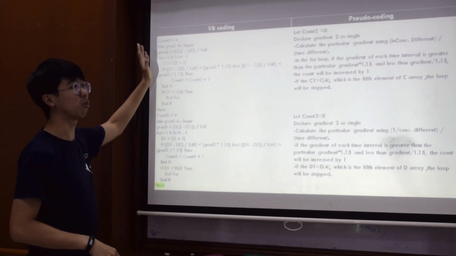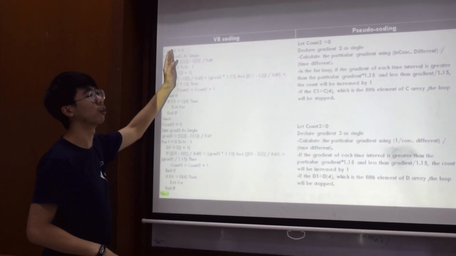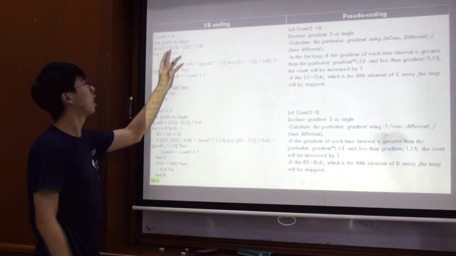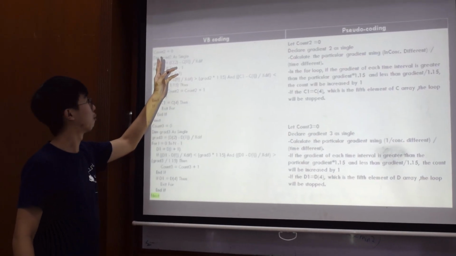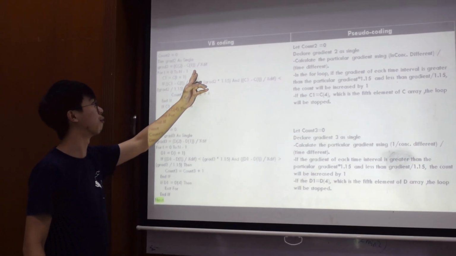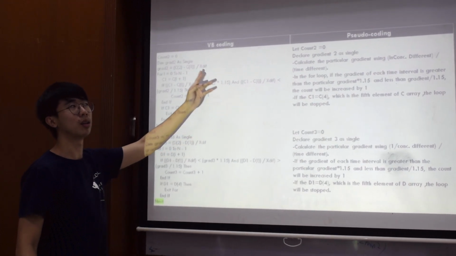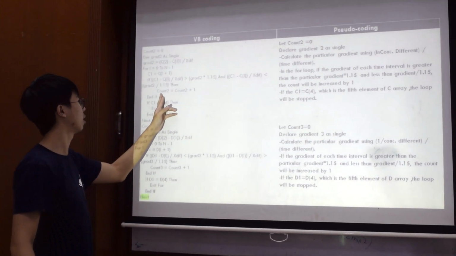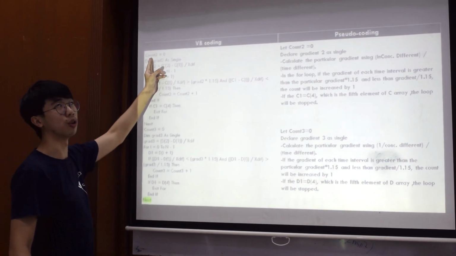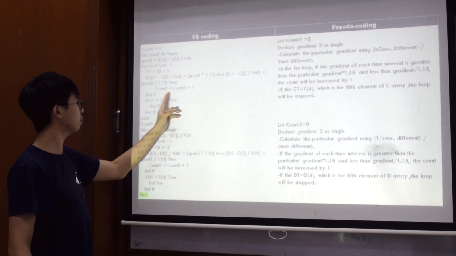The previous one is for the 0 order. This one is for the first order, where we use the ln concentration. The steps are the same, but instead of y2 minus y1, this one is c2 minus c1. The only difference is this, and the following steps are the same. We use the same reference gradient, and for the count, just now count was for the 0 order, and count 2 is for the first order.